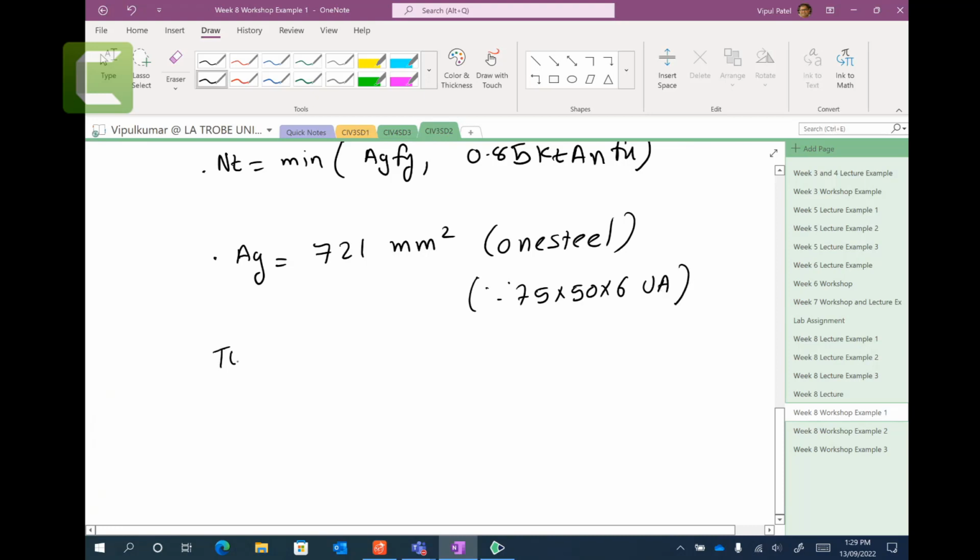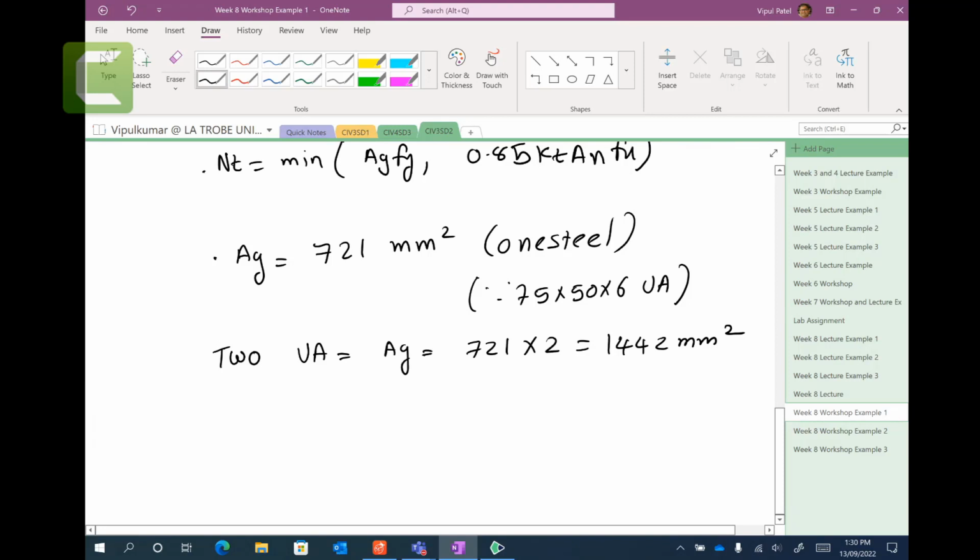And we have two unequal angles, so we take AG as 721 times 2, which gives 1442 millimeter square.